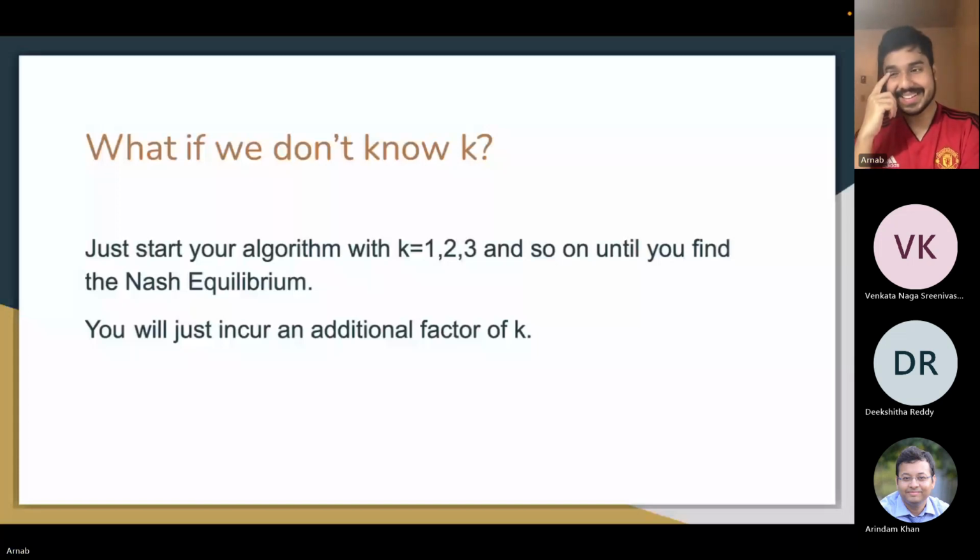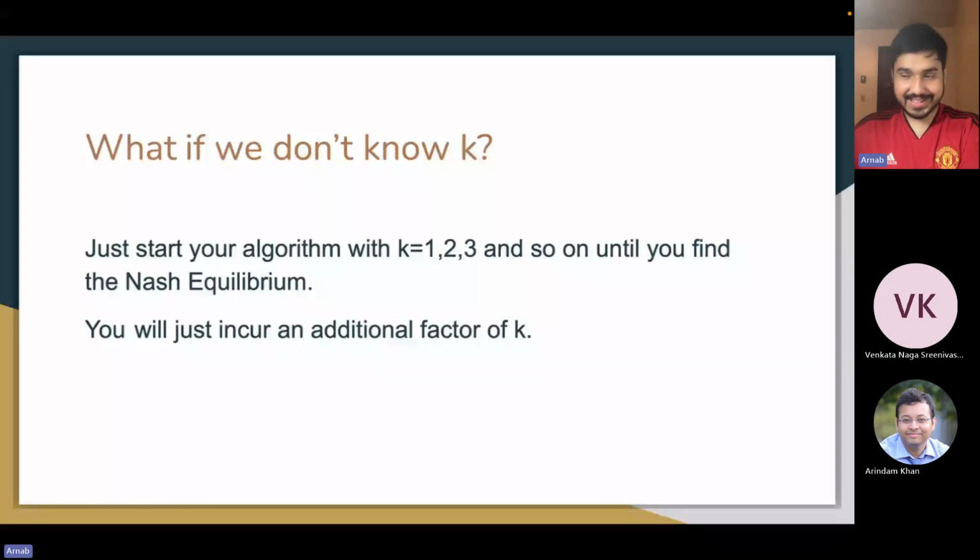The current lower bound essentially says that if k is small o of n, then it is small o of n squared. But does that translate to an upper bound? If you are small o of n, does it mean small o of n squared? I don't have an answer for that right now.